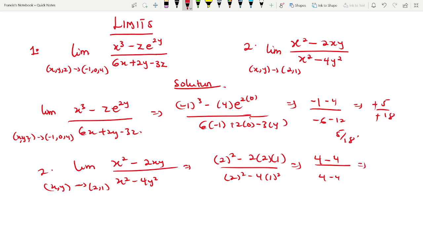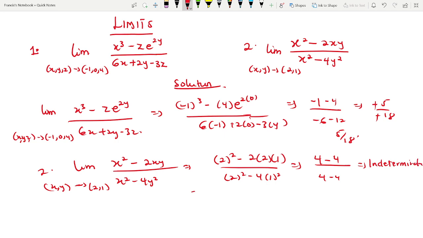This gives me something undefined, something which we can't determine. So it's an indeterminate expression. We say indeterminate.